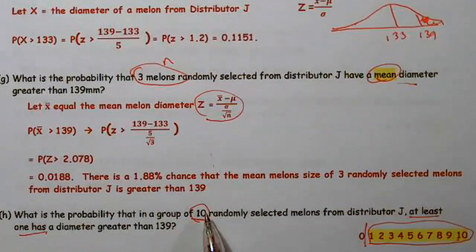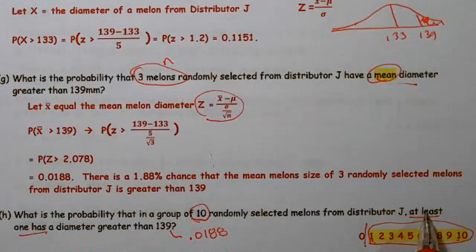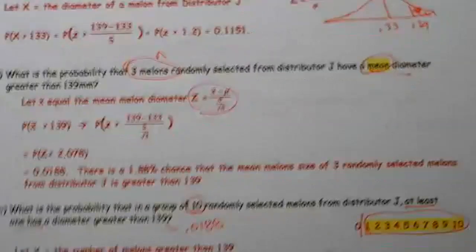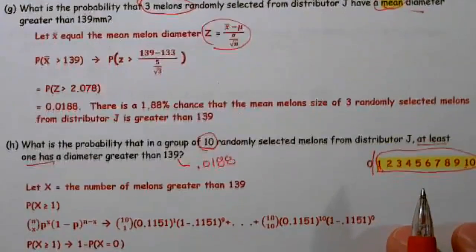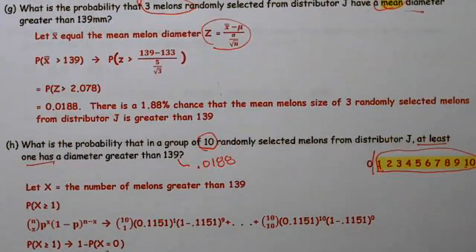Because I have a fixed number of trials and I know the probability of 139 because I just calculated that, the probability is 0.0188. So I need to do a binomial, and I could do a PDF of this plus this plus this, or because it's at least, I can use the 1 minus principle. So I can do 1 minus the probability of 0.